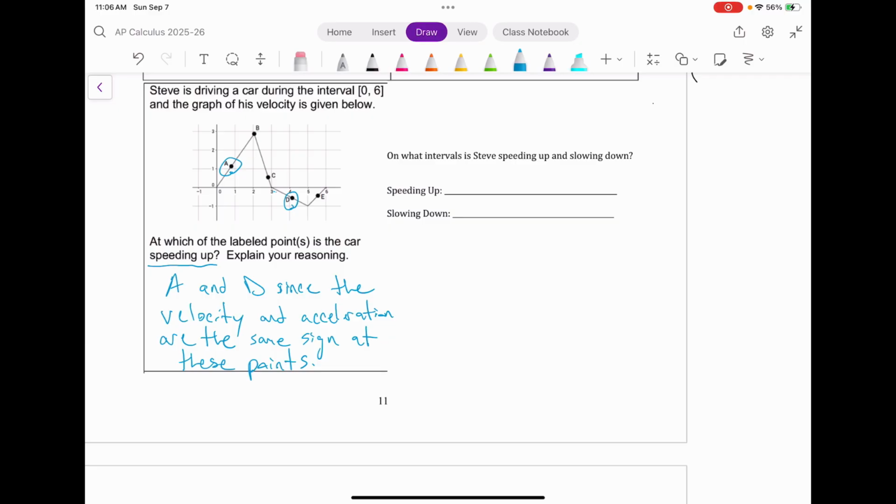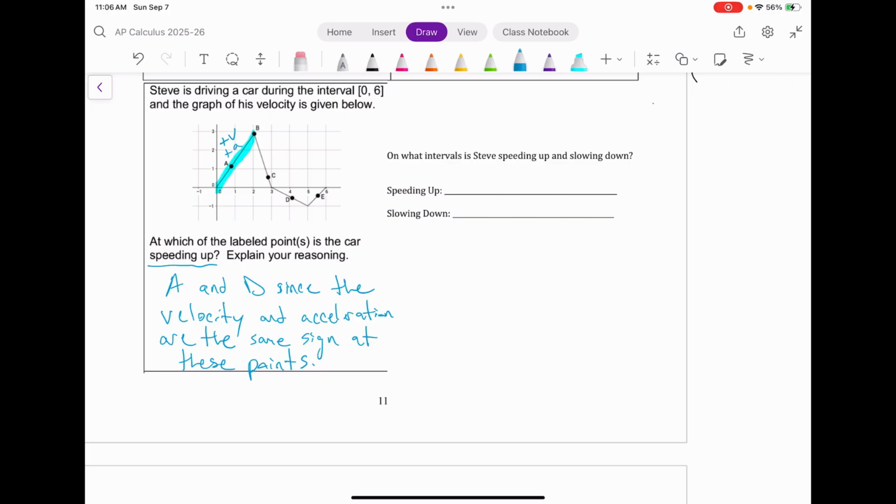Okay, the next question says, on what intervals is Steve speeding up and slowing down? Okay, so let's analyze this. At the beginning, from 0 to 2, we have a positive velocity because it's above the x-axis. And then the acceleration is positive because we have a positive slope. It's increasing, so positive acceleration.